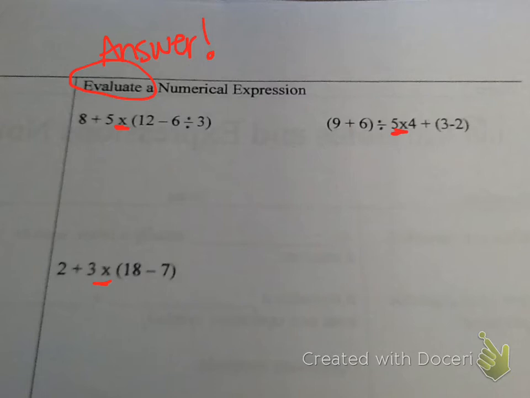And 12 minus 6 divided by 3, I'd have to do the division before the subtraction. So 12 minus 2 is 10. Then I have to multiply and I get 50. And 50 plus 8 is 58. So I want you to go ahead and do these two for homework.